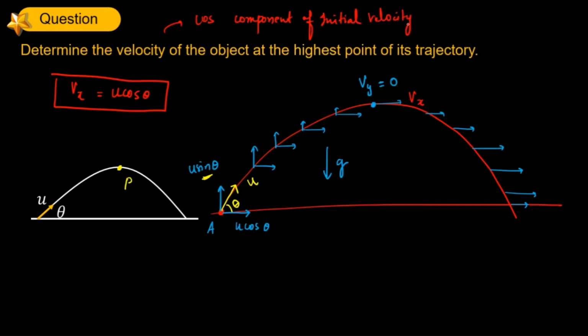That is the reason why we see the object moving forward, not upward, at the maximum height point. This is the point where the object is at its maximum height or maximum vertical displacement. Did you understand this part? All right, let's move ahead then.